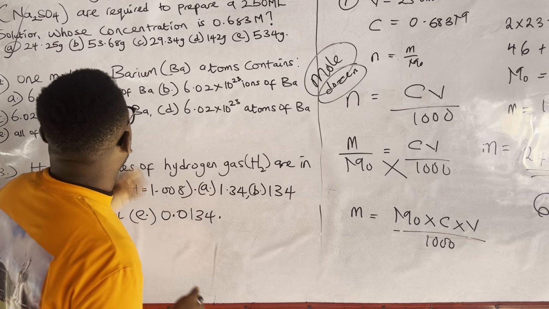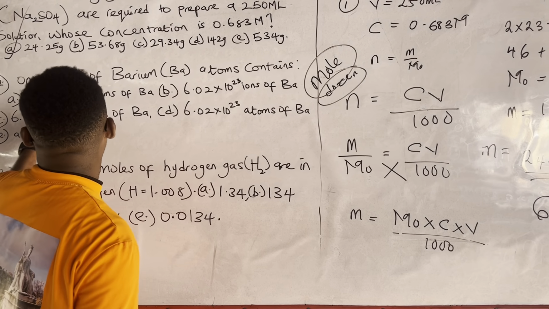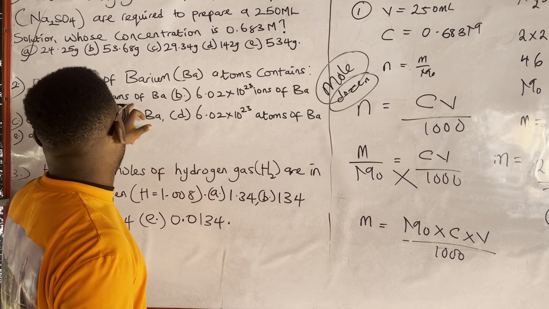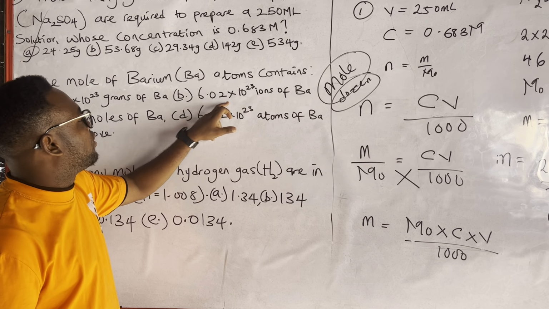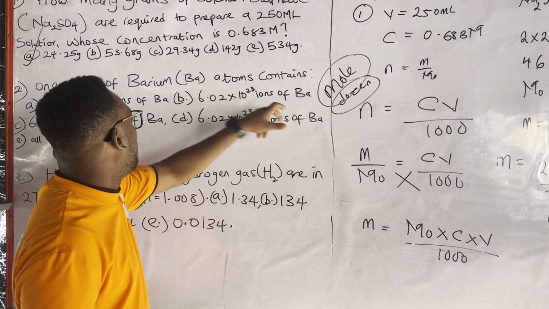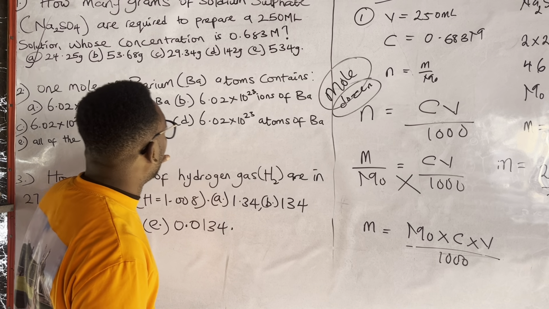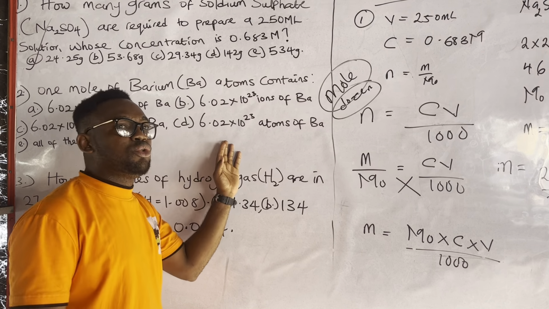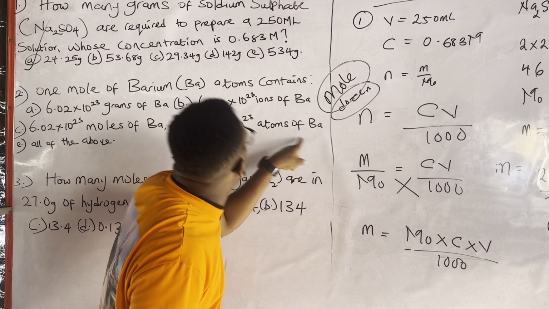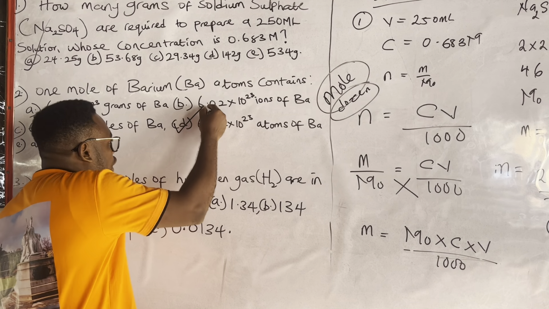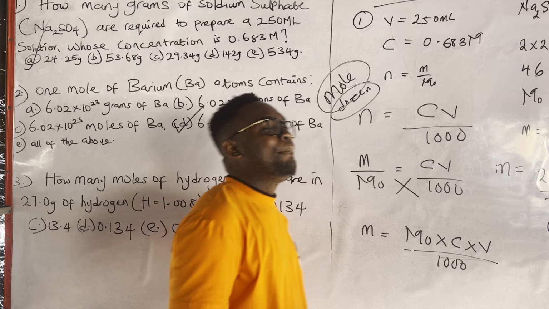In the first case, we have grams of this, no. This one says 6.02 times 10 to the power 23 ions of barium, no. This one says 6.02 times moles of barium, no. This one says 6.02 times 10 to the power 23 atoms of barium. So atoms to atoms, molecules to molecules, particles to particles.